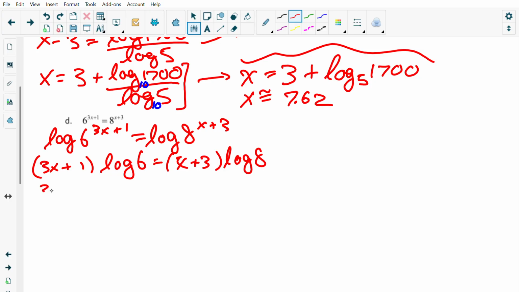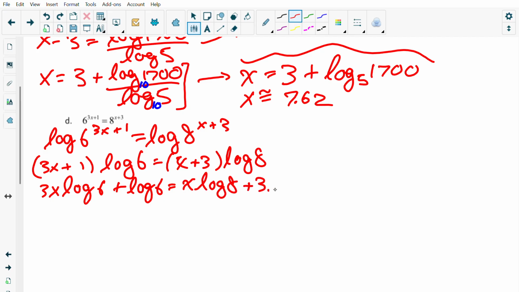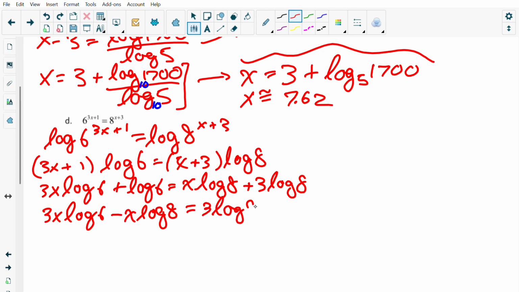Okay, this one, let's distribute log of 6. So that's 3x log of 6 plus log of 6 equals, let's distribute on the other side, x log of 8 plus 3 log of 8. Let's group all the x's together, on the left side. So 3x log of 6 minus x log of 8 equals 3 log of 8 minus log of 6.